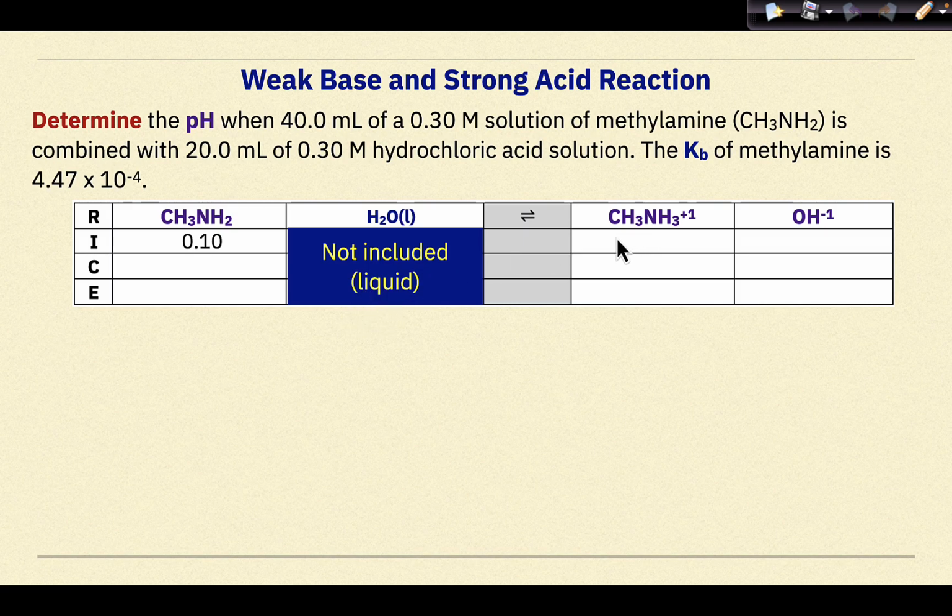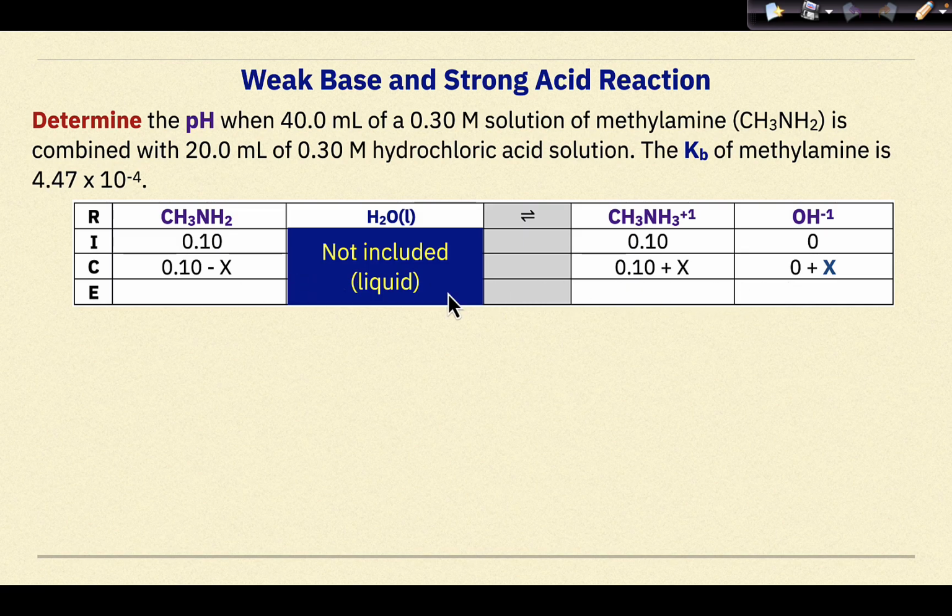The weak acid CH3NH3+ was formed as a product of the neutralization reaction with a concentration of 0.10. No hydroxide ions are initially present. Some amount of CH3NH2 will react with the water to produce CH3NH3+ and hydroxide ions.